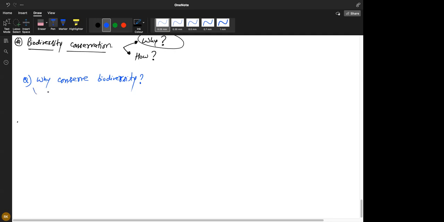So let me take this. Whenever this question of why conserve biodiversity comes, there are three arguments that are given in its favor. The first argument is called the narrow utility argument, or narrowly utilitarian argument.